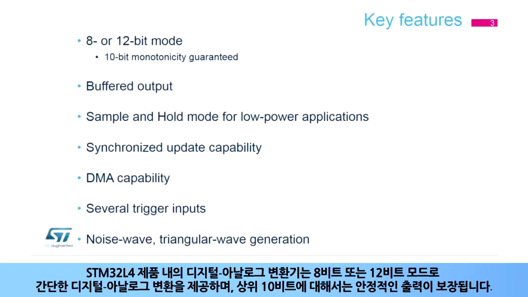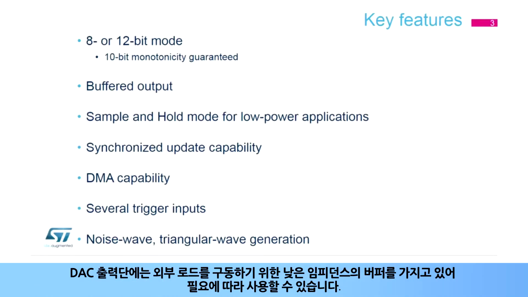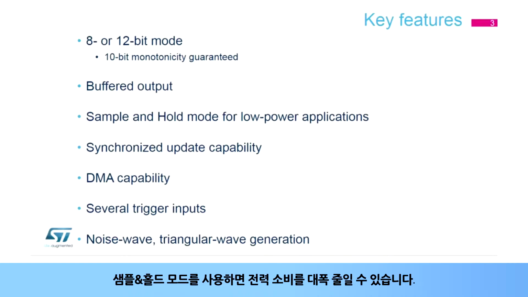The digital-to-analog converter inside STM32L4 products offers simple digital-to-analog conversion in an 8 or 12-bit mode. 10-bit monotonicity is guaranteed. The DAC output can have a low impedance buffer to drive external loads. Its sample and hold mode can reduce power consumption significantly.